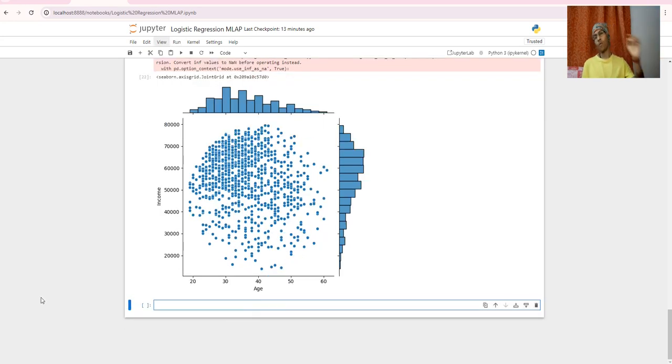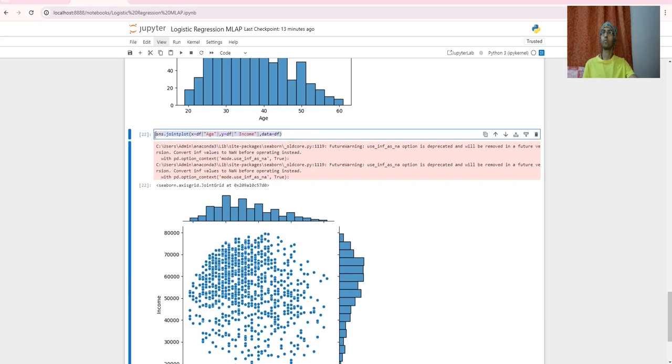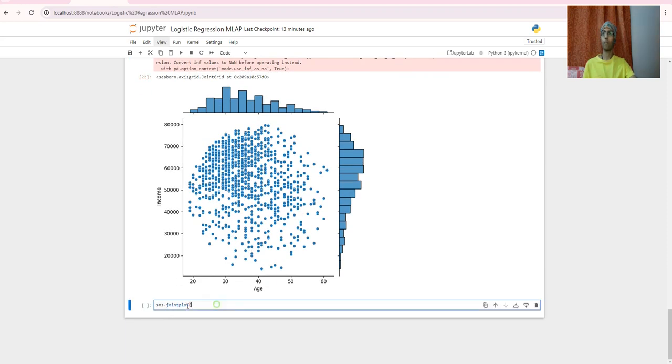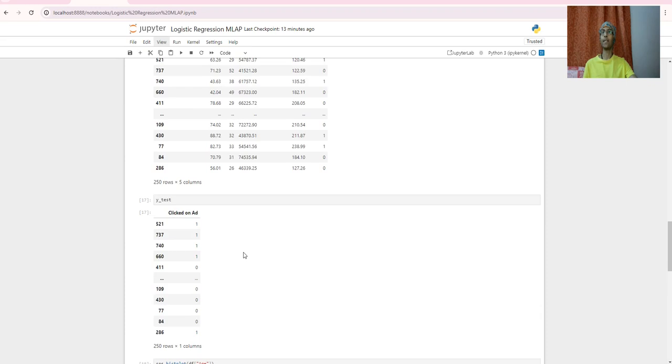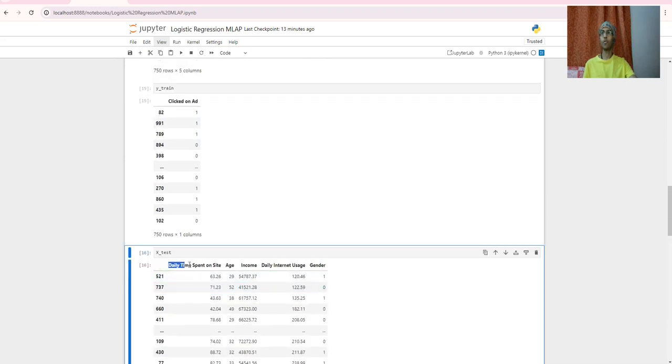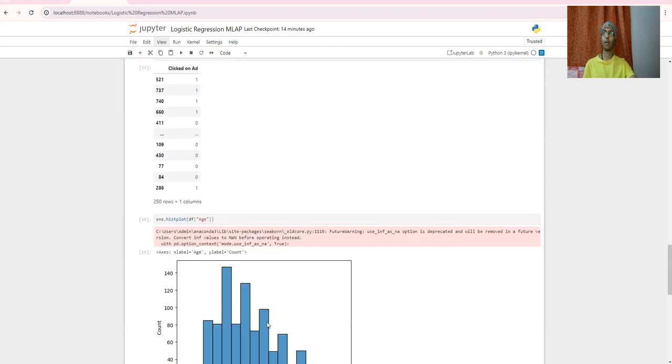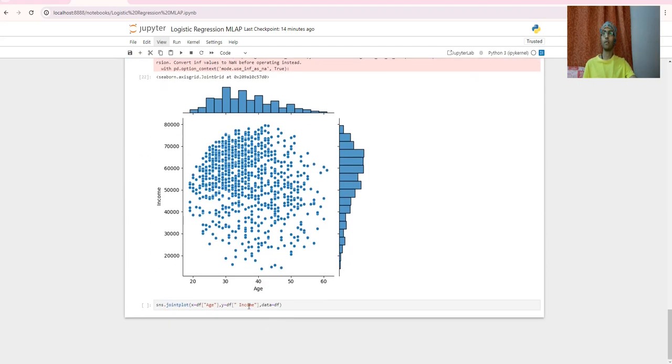Now, one more interesting observation we can make is, how does internet time spent relate to age? Let us try to understand that. So age and time spent on the internet, right? Daily time spent on the internet. This is our y.